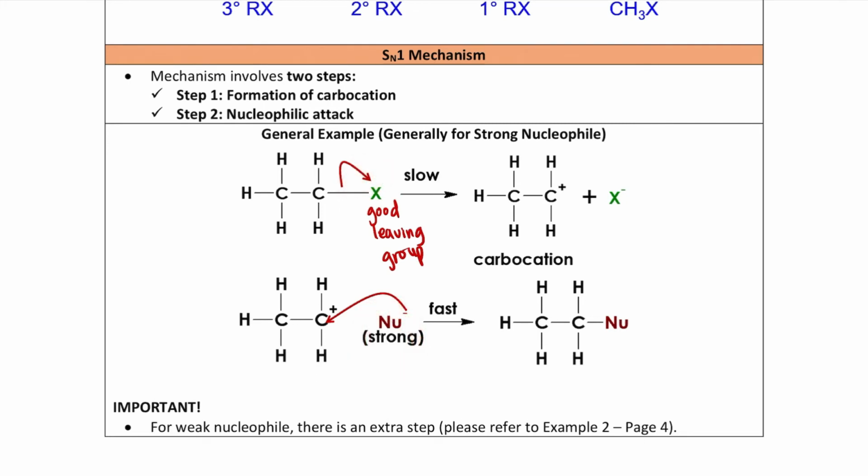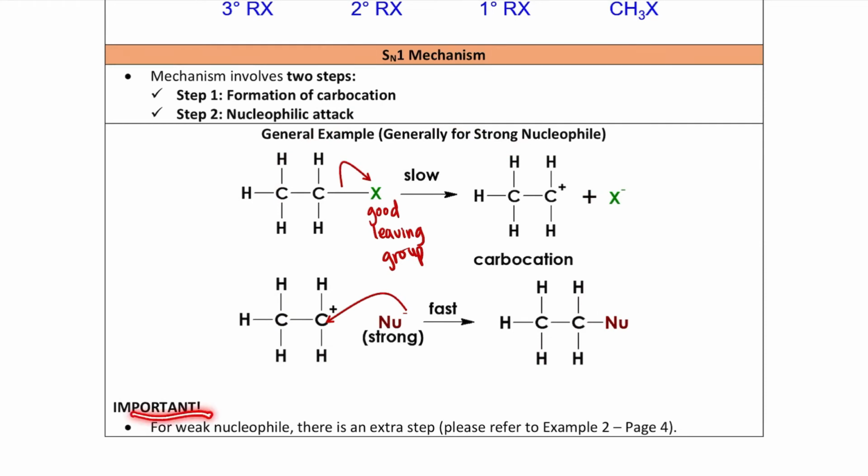Tak kisahlah nucleophile kamu tu apa, tapi in this case nucleophile dia adalah strong nucleophile. So dia akan masuk. Okay, so arrow kita start from nucleophile sebab kaya elektron pergi ke electrophile. Okay, so end up nucleophile tu akan attach to this carbon, and this reaction adalah fast. Okay, so basically inilah mekanisme yang kita akan buat nanti. Okay, saya tunjuk general example dulu.